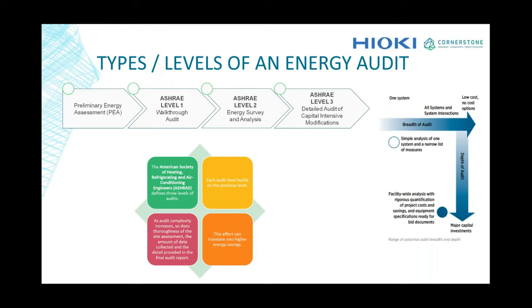Then ASHRAE level 1 combines the primary or preliminary energy assessment along with a site walkthrough. ASHRAE level 1 is done when the building owner or the facility owner wants to understand how the building is operating, as well as what the potential for energy savings within the building is.